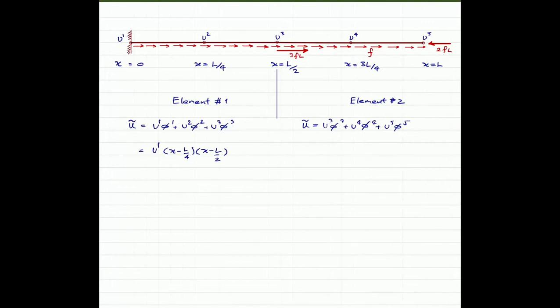If you substitute 0 into here and there, you get minus L over 4 multiplied by minus L over 2. You end up with L squared over 8. So you multiply by 8 over L squared in order to normalize the value of this function to 1 when x is equal to 0, plus u2 times x minus 0 and x minus L over 2. You have to multiply by minus 4 over L squared.